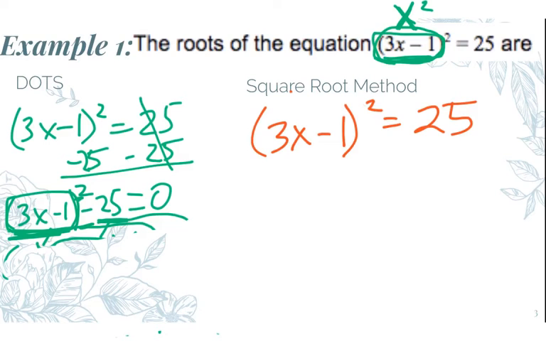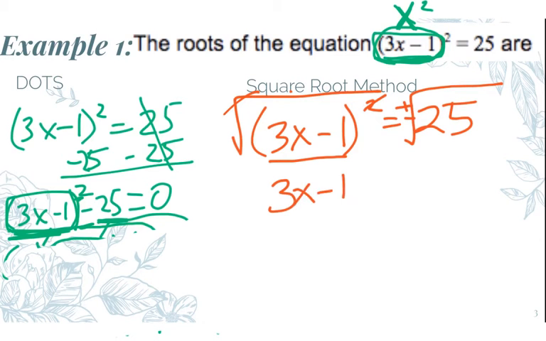So again, I can do the square root on both sides. Don't forget your plus minus. The square cancels out with the square root, and I'm left with just what's in the parentheses. So I've got 3x minus 1 equals a positive and a negative 5.